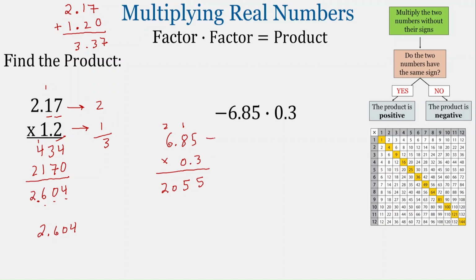And then once again, we have 2 decimal spaces here and 1 here for a total of 3. So we'll put that decimal point right there. So we have 2.055. Now we look at our signs. Do the numbers have the same sign? No. One's negative, one's positive. So the answer is negative 2.055.